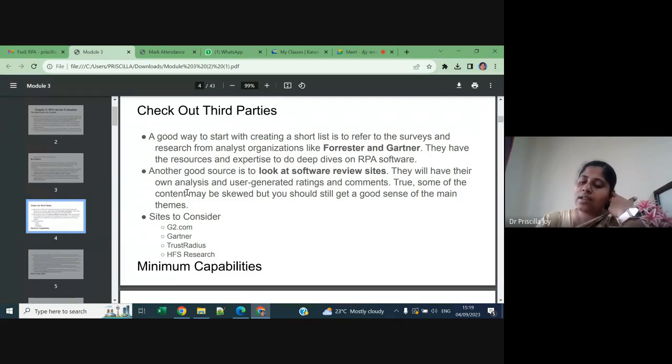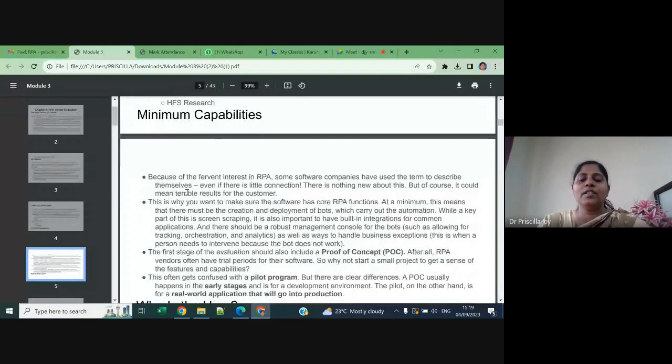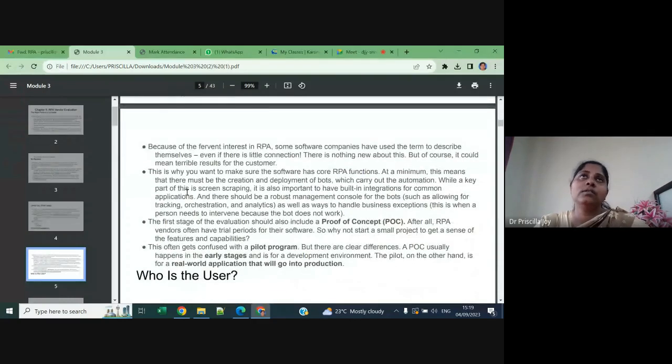Okay, and the next thing which we will be checking here is minimum capabilities. So what are the minimum capabilities which we will take into concern for a software to be authenticated as well as authorized, and how will we analyze it? For that we will be taking into account RPA, where we'll have all the RPA functions.